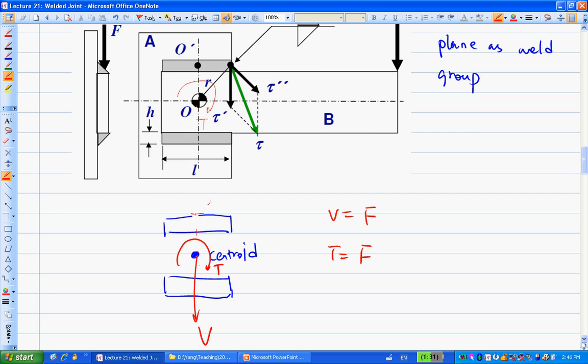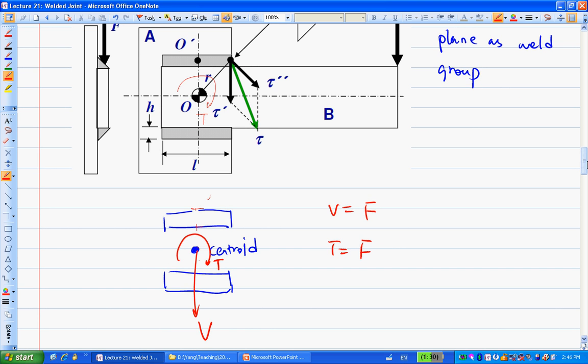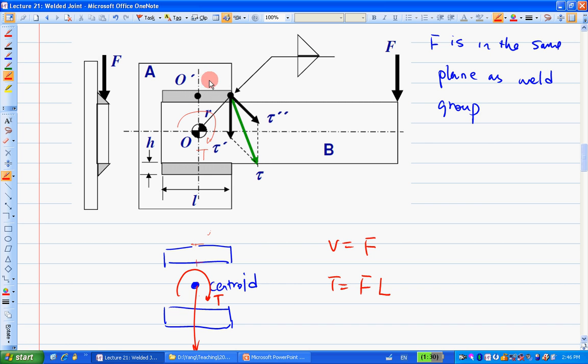We can call that capital L or something like that.